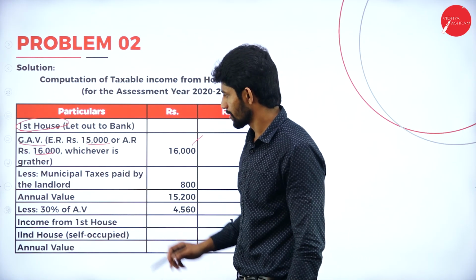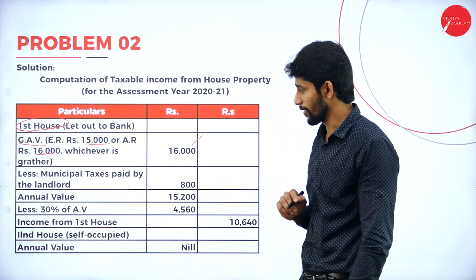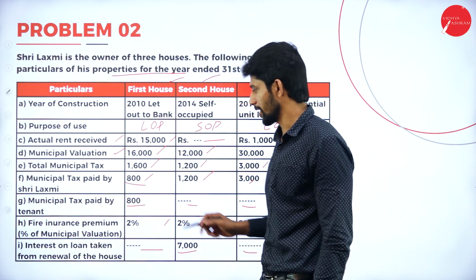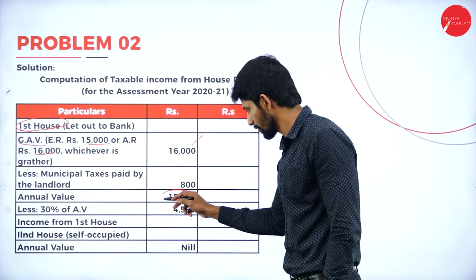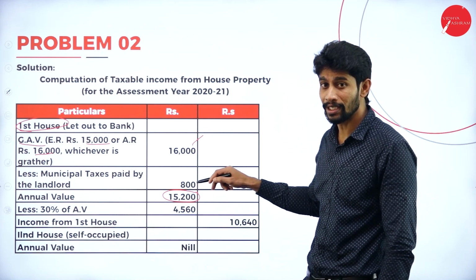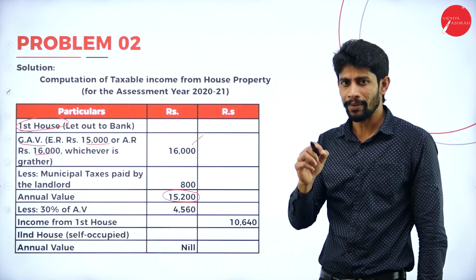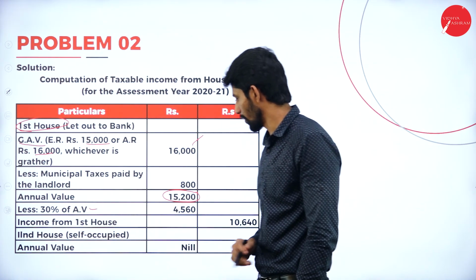Next, less municipal tax paid by the landlord, that is by the owner. What is the municipal tax paid by the owner, by Lakshmi? It is 800, right? So deduct 800, you will get balance 15,200. This 15,200 is called annual value. From annual value, less 30% of annual value.